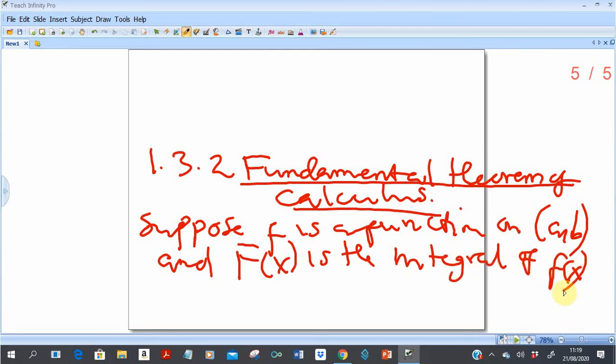So you have capital F being the integral of the function f.